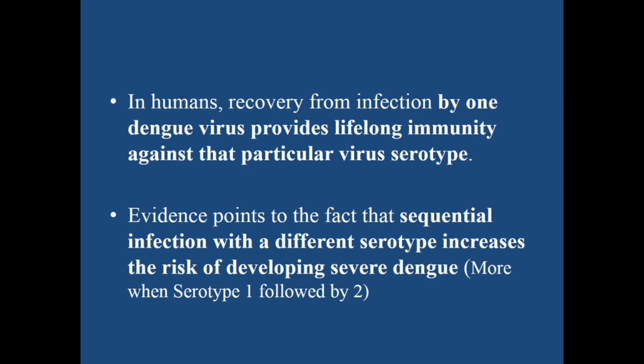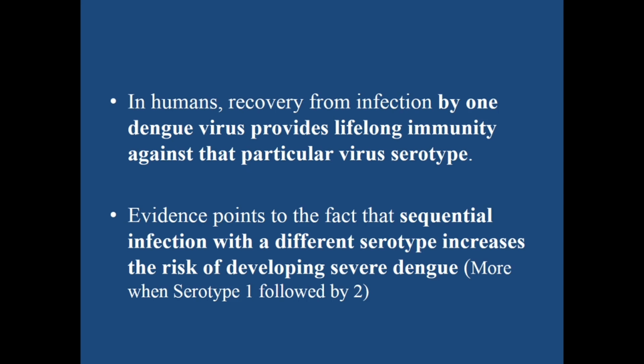It's protected against this particular serotype. But suppose a person who has been previously infected with serotype 1 again gets infected with a different serotype, let's say serotype 2. What will happen is that it will become worse for the person.